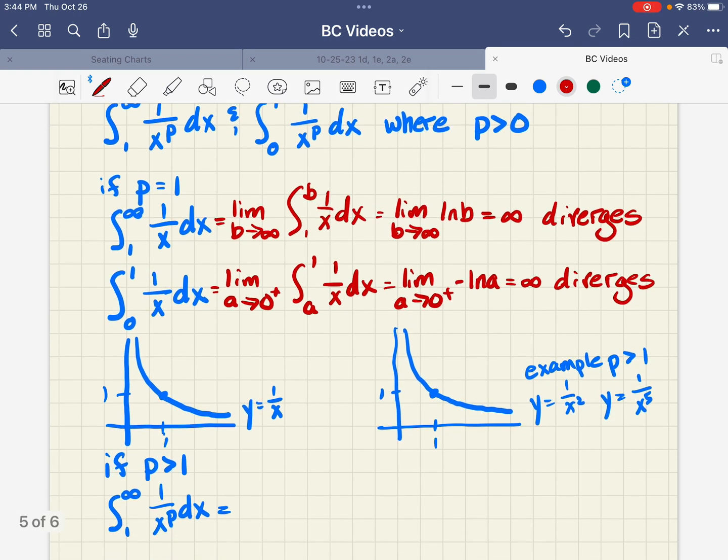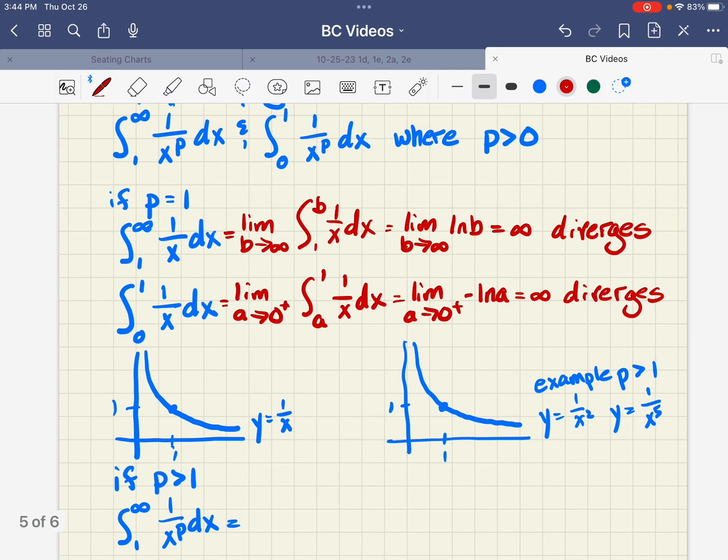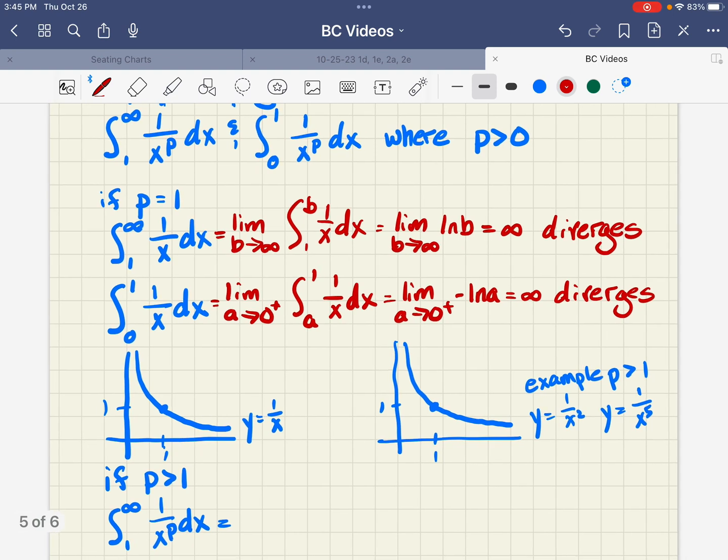Let's also think about this graphically. If we look at the graph of y equals 1 over x, this is saying, let's grab some highlighter colors, that this yellow area here is infinite. So it's getting wider as we're going to infinity, essentially faster than it's getting shorter.